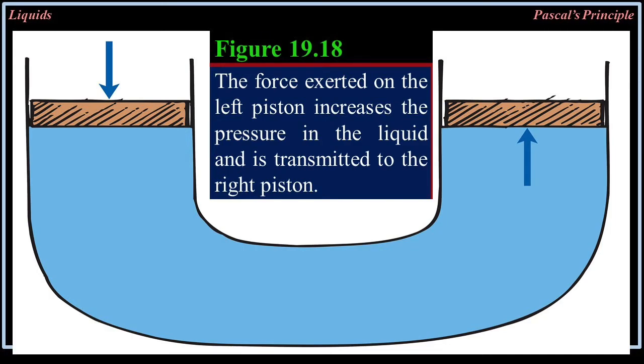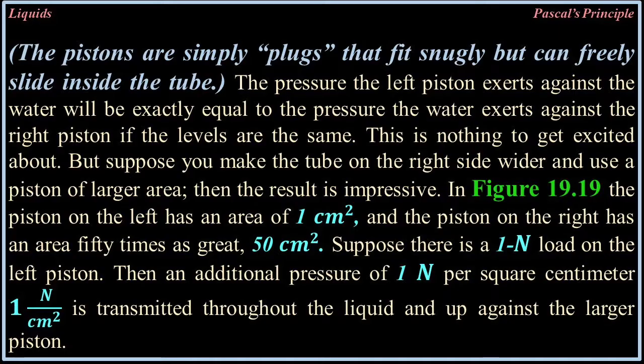Figure 19.18: The force exerted on the left piston increases the pressure in the liquid and is transmitted to the right piston. The pistons are simply plugs that fit snugly but can freely slide inside the tube. The pressure the left piston exerts against the water is exactly equal to the pressure the water exerts against the right piston if the levels are the same.